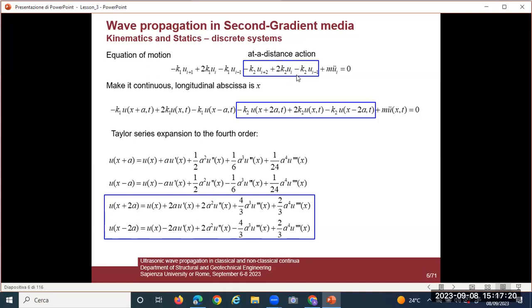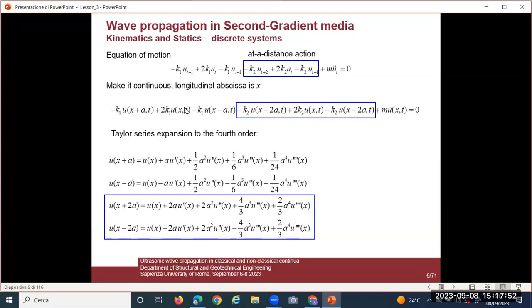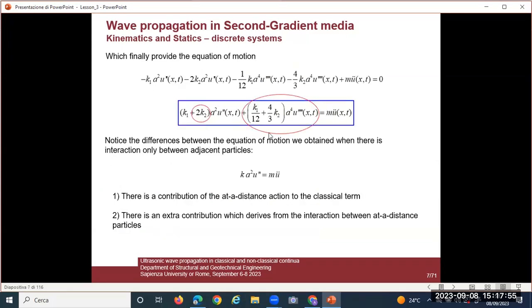With the usual method, which we described for the classical continuum, you can imagine making it continuous. The longitudinal abscissa is x, and if you expand all these terms in a Taylor series up to the 4th order, you obtain this formula, which, when you substitute it in this equation of motion, enables you to obtain this equation.